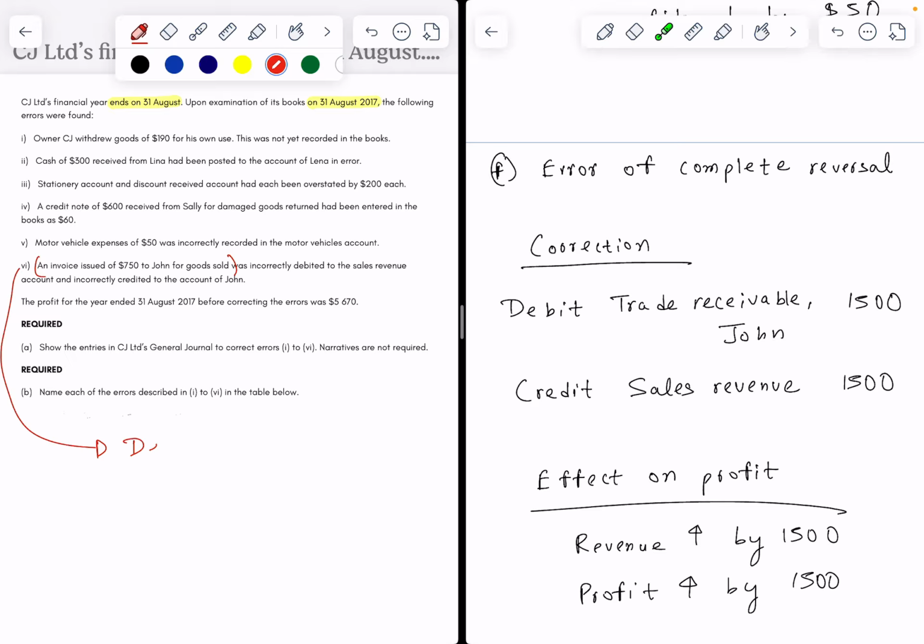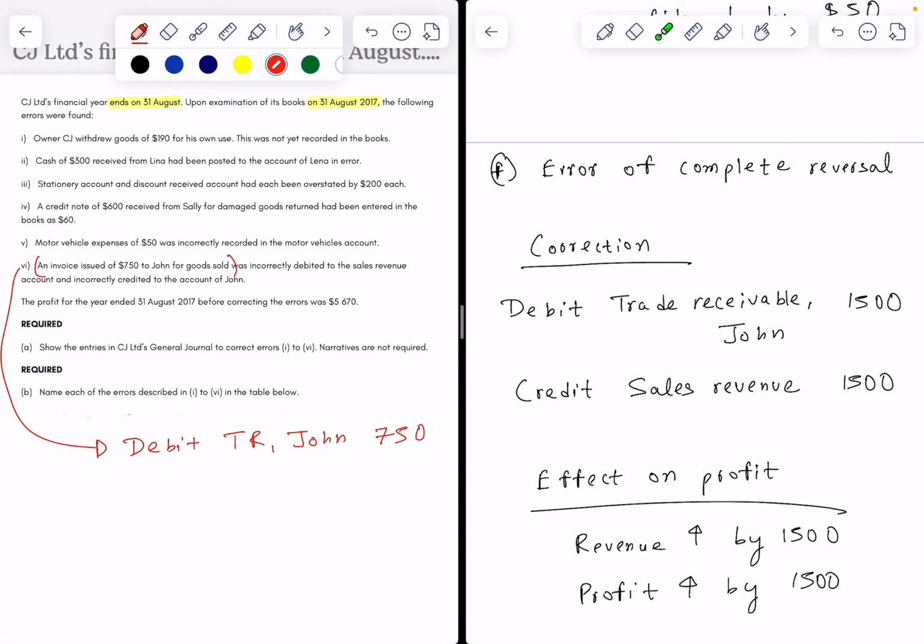We would obviously debit trade receivables, specifically the account of John, by $750. We are assuming that we are selling the goods on credit to John. So John is our credit customer. So therefore trade receivables, which are our assets, are going up. And when assets go up, we would debit it.